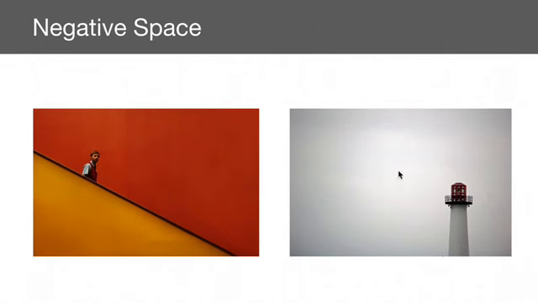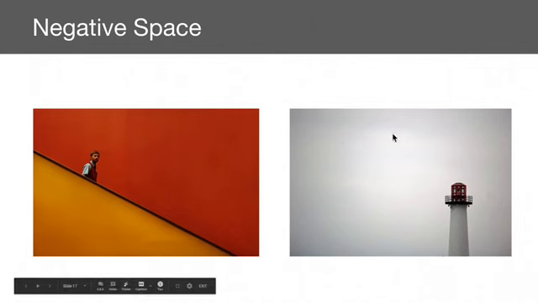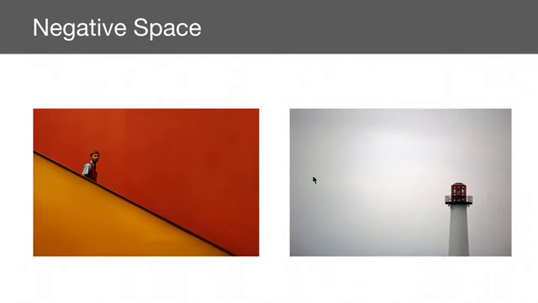So in this case, the positive space is the subject that we recognize. This would be the human being right here, or the lighthouse. This space right around in here is called negative space. It is basically the background to the subject.